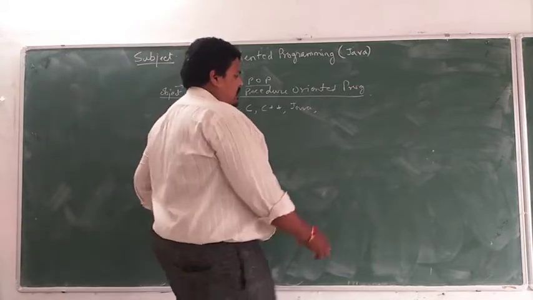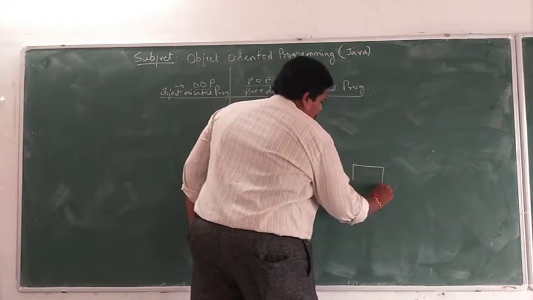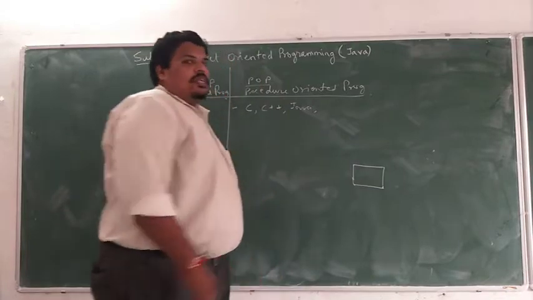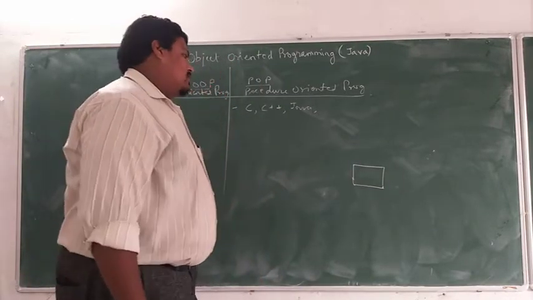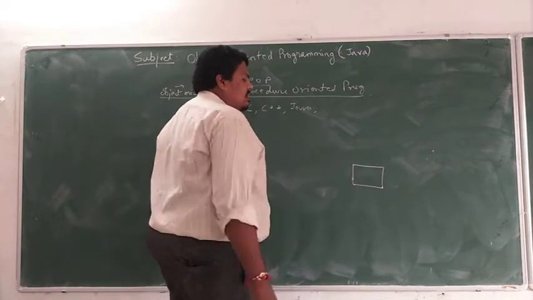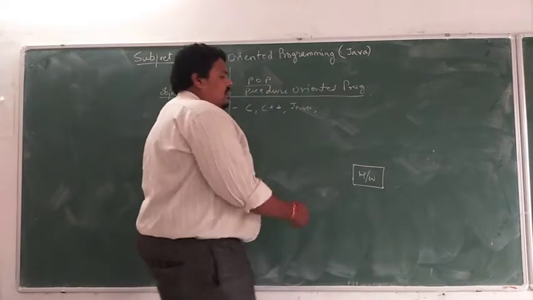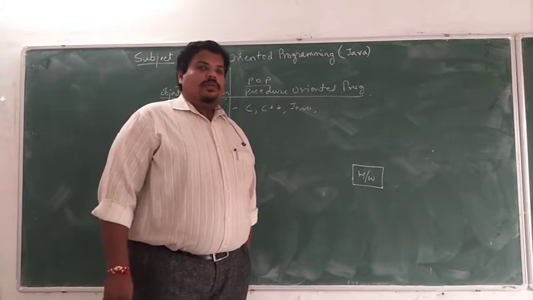For example, when the first computer was developed, it was developed by Charles Babbage, if you know. When Charles Babbage invented the computer, we say it as a hardware. He invented a hardware, a machine, which of course did only simple calculations, known as a calculator.